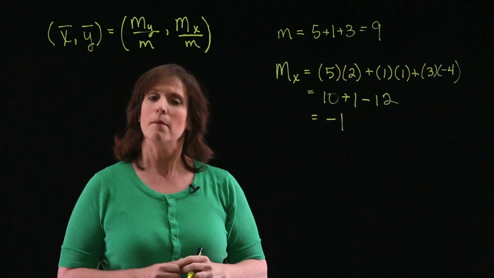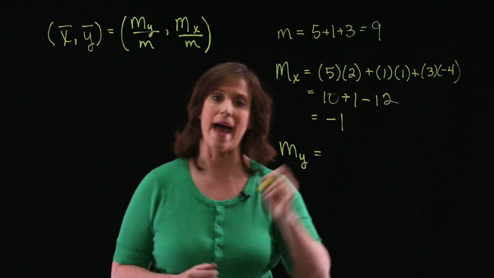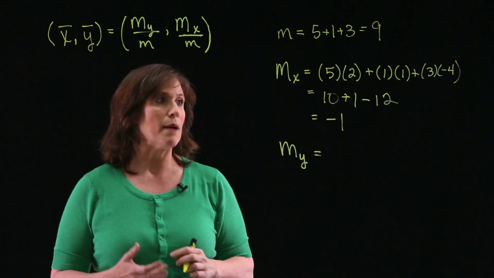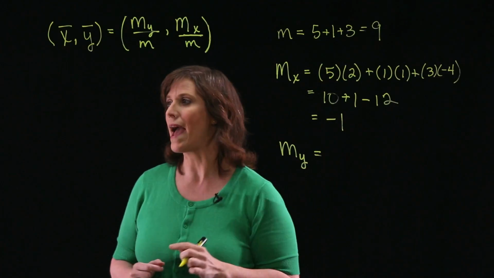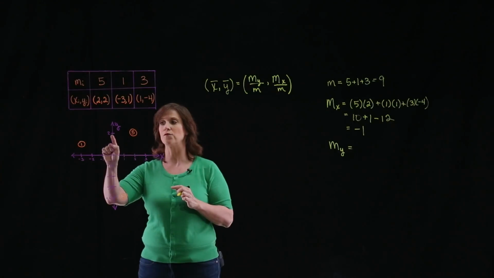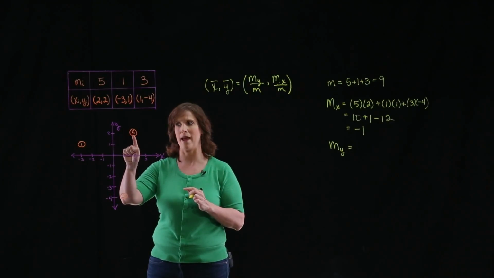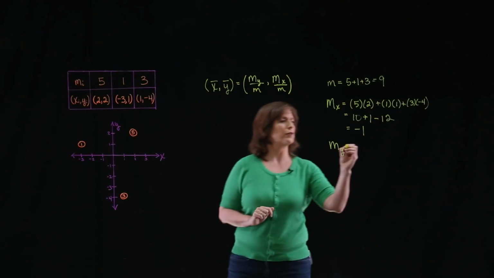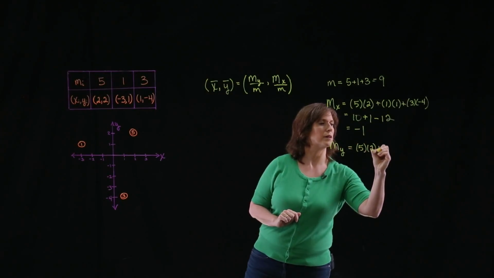With a little arithmetic, I get 10 plus 1 minus 12, for a moment about the x-axis of negative 1. I'm going to do a similar thing now to find the moment about the y-axis. Again, what I'm looking for is the mass times the directed distance from the y-axis. Using this point as an example, the directed distance from the y-axis will be the x-coordinate of my ordered pair. So for my first point, I'll have 5 times 2.